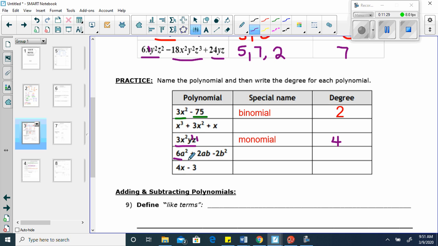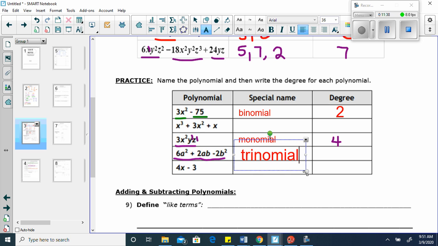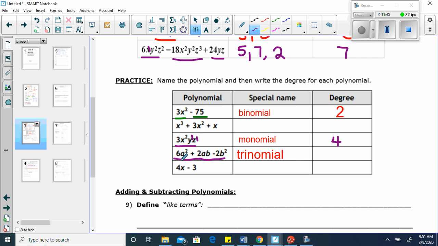So, for example, the next one down here. This is a trinomial because it is separated by subtraction and addition. It is 3 different terms. Do you see the difference between this and this? Okay, this is a term, this is a term, and this is a term. This is just one term.